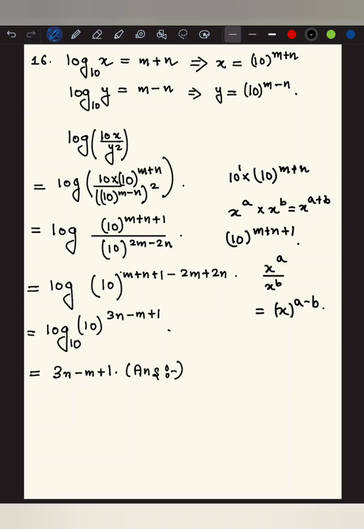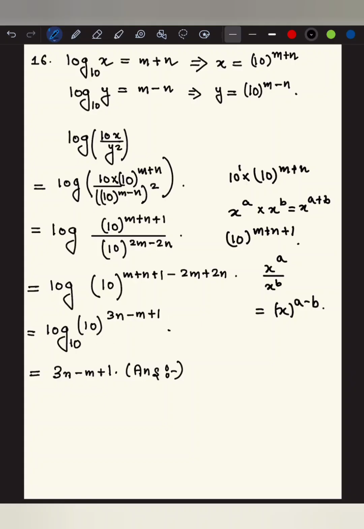So log 10 to the power m plus n plus 1 minus 2m, minus into minus means plus 2n. So m minus 2m means minus m, n plus 2n means 3n, and this plus 1. So this is equal to log 10 to the power 3n minus m plus 1.